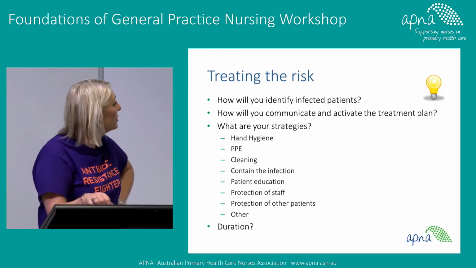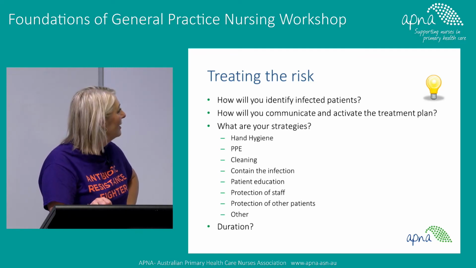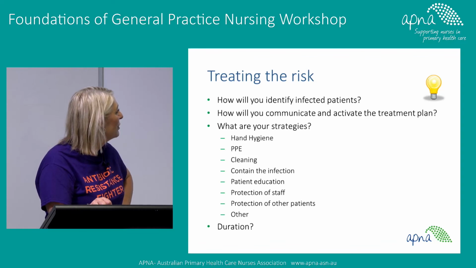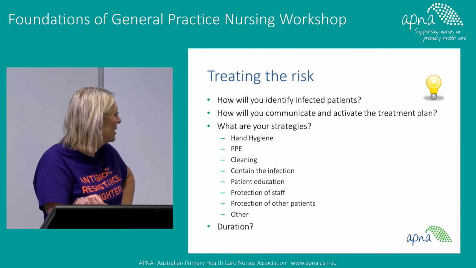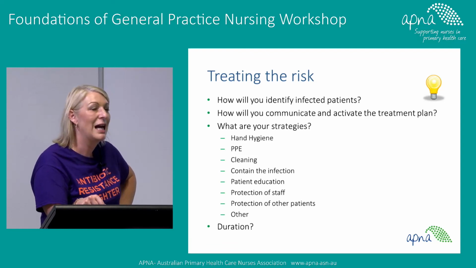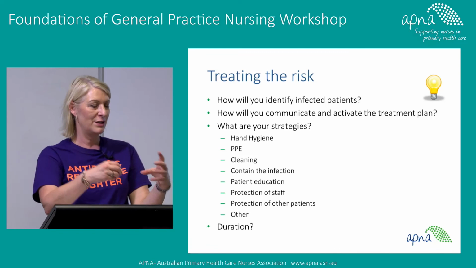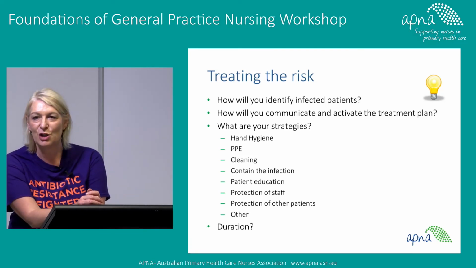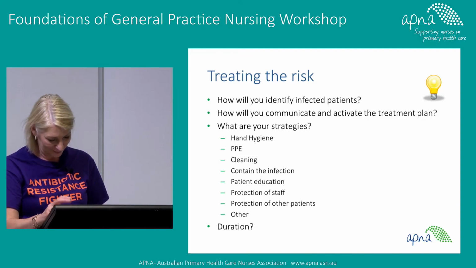These are the questions to ask yourself: how you identify the patients, how you will communicate and activate the treatment plan, and what your strategies are for hand hygiene, PPE, cleaning to contain and confine the infection, patient education, protecting staff and protecting other patients, and how long you have to do it for. So this is what we know about influenza. What are we going to do about it? Have a little chat for a couple more minutes and we'll come back and talk about it.